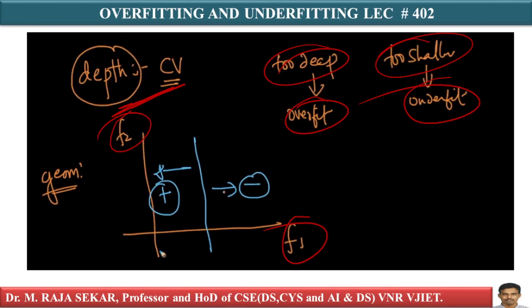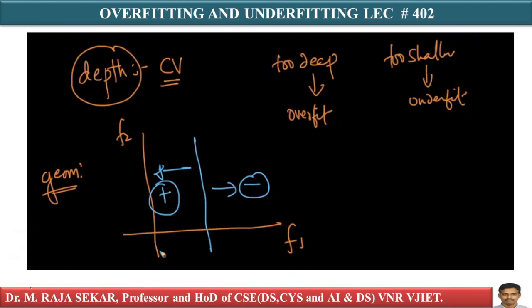A tree of depth 1 basically implies, let this be the hyperplane. This is my hyperplane. I am saying everything on this side of the hyperplane is positive points. Everything on the other side of the hyperplane is a negative point, isn't it?